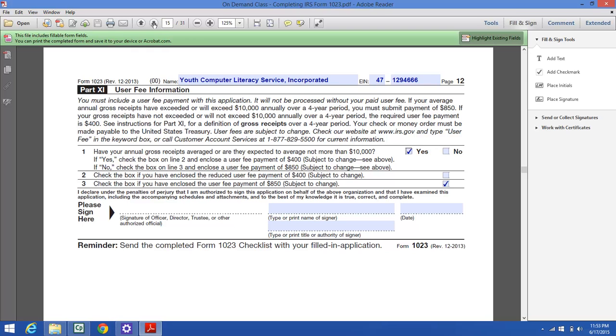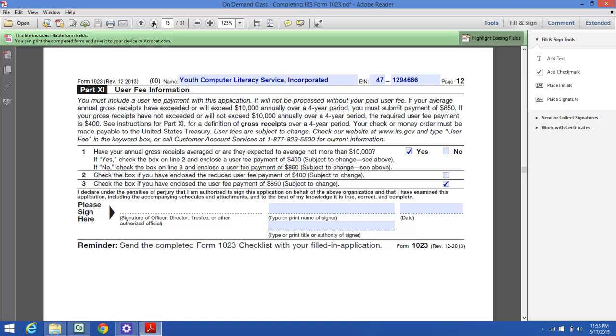If your gross receipts have not exceeded or will not exceed $10,000 annually over a 4-year period, then you only have to pay $400. Refer to the instructions for Part 11 for a definition of gross receipts over a 4-year period. So look at your instructions.